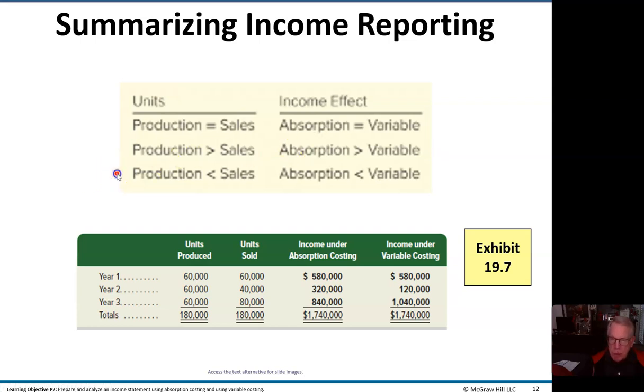And the opposite would be true if production is less than sales, then our variable costing will reflect more income, as shown in this summary of the 3 years here.